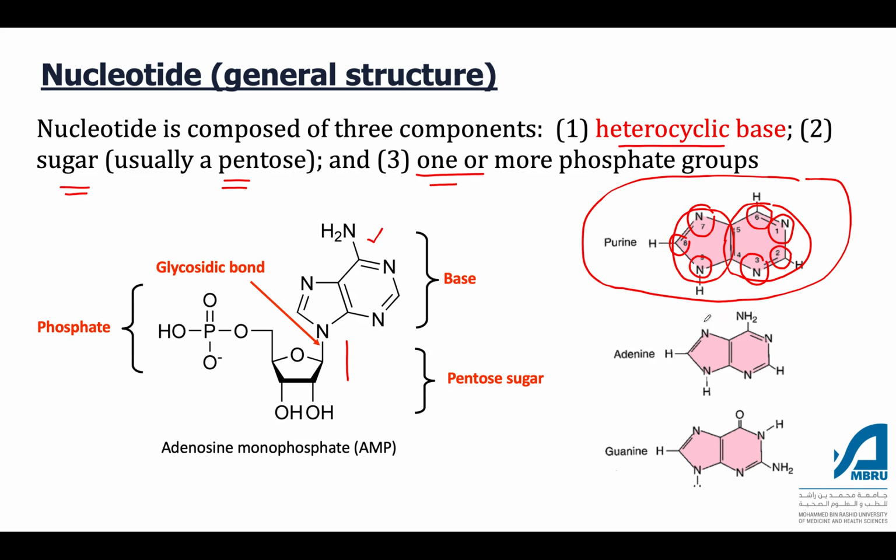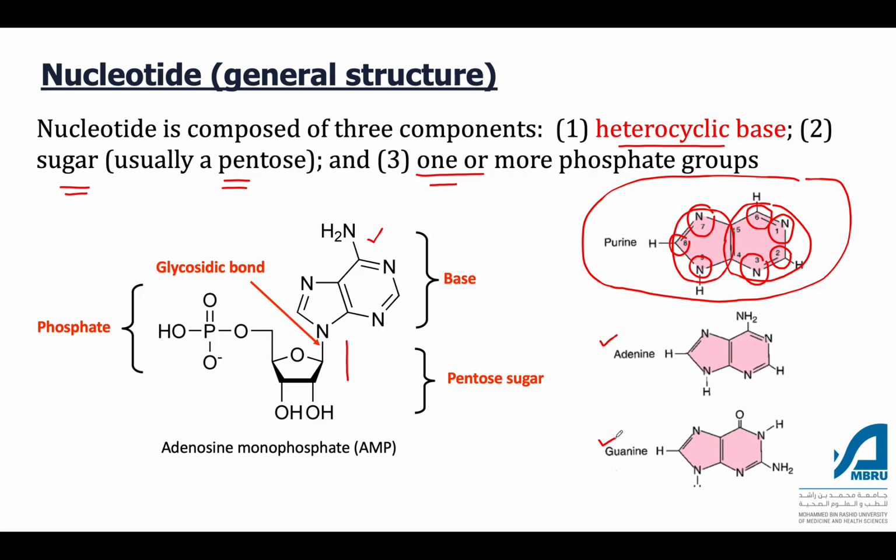Now there are two purine bases that you would have heard about. One is adenine and the other one is guanine, and both adenine and guanine are present in the nucleic acids that you had been introduced to in the course of molecular biology and principles of genetics.